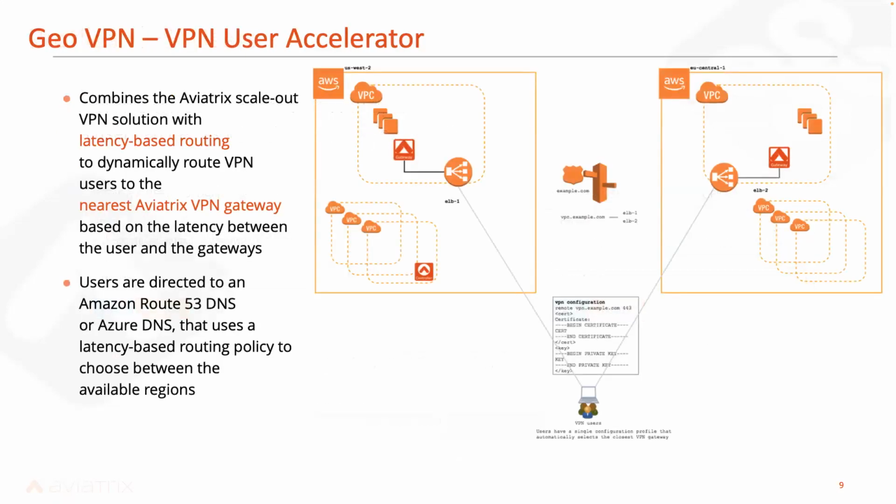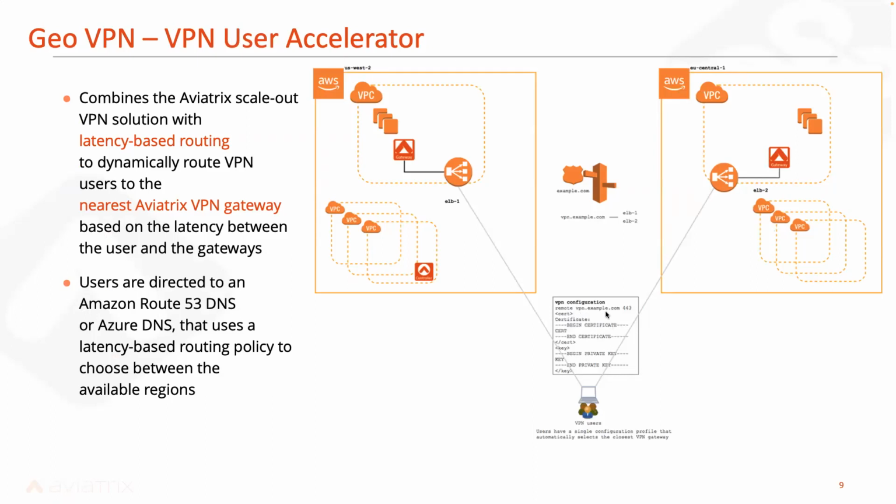We already discussed GeoVPN. What GeoVPN is, is latency-based routing, and it only comes into play whenever you have two different setups. So here we have a setup in AWS that is in US West 2, a setup in AWS that is in EU Central 1, and you have a VPN user. You give them a single VPN configuration file, which is basically a single endpoint.